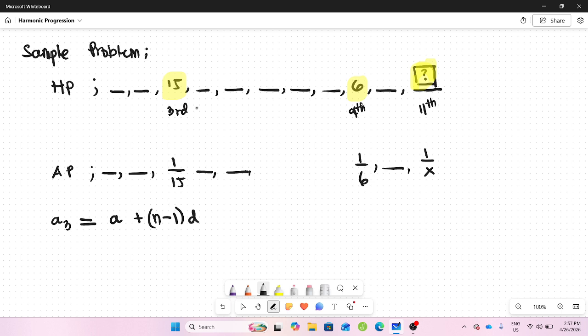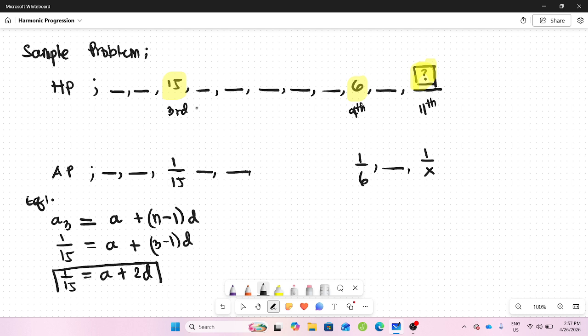But since this is already known, this is 1 over 15, well, this is unknown, plus 3 minus 1, d is also unknown, so I have here 1 over 15 equals a plus 2d. First equation, let's say equation 1. This is our equation 1.